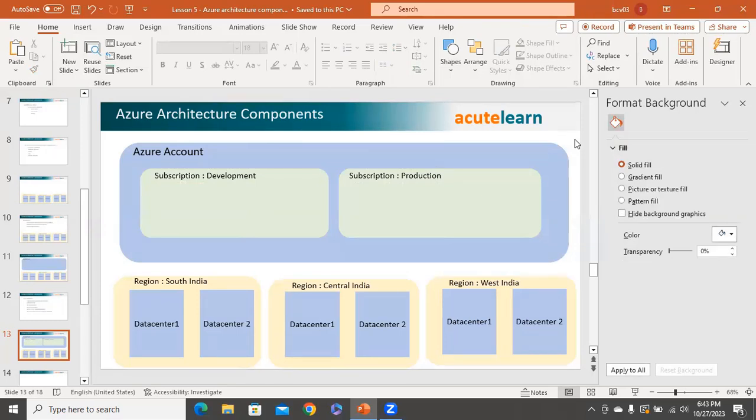The subscription can consume resources from any region. There is no restriction that this subscription can use only resources from South India, or that one only from Central India, nothing like that.